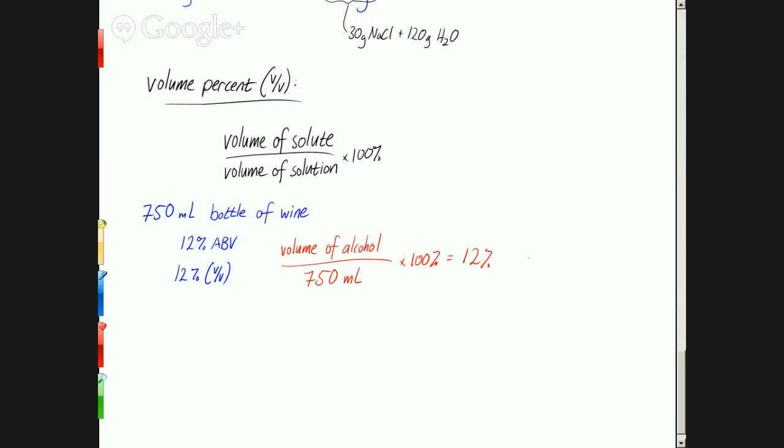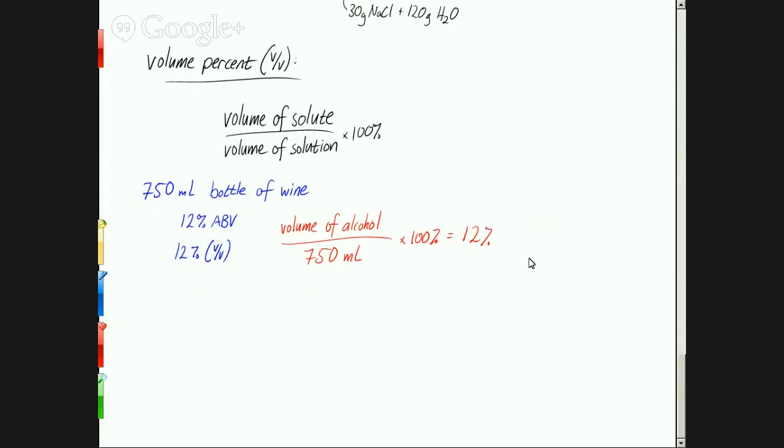So something divided by 750 equals 0.12. Right, so 750 times 0.12 is, I don't know, I'll calculate it out.